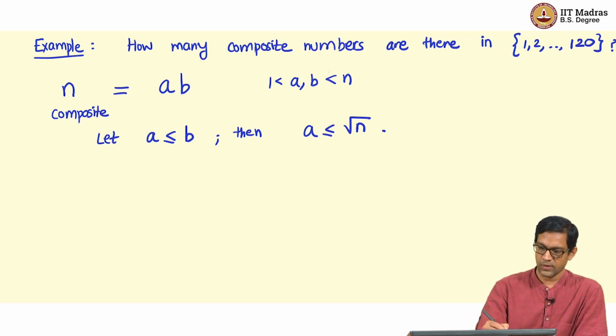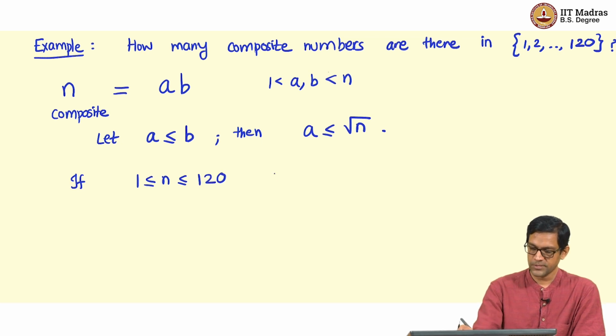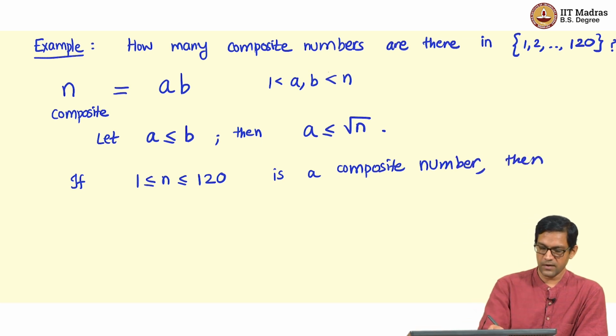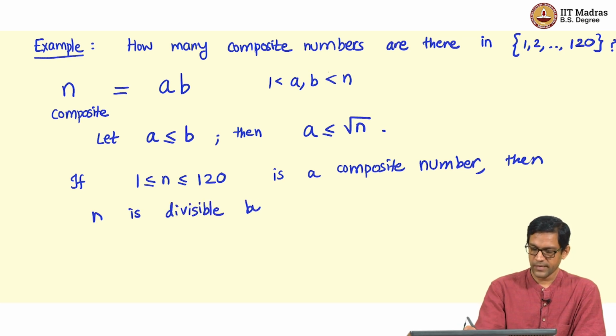Okay. So what does this mean? That if n is a number between 1 and 120 and is a composite number, then it means that n is divisible by some number smaller than or equal to its square root. Okay.